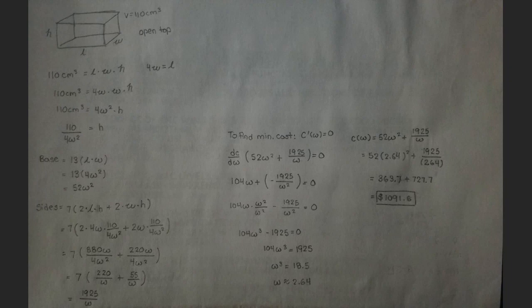Okay. So maybe you want to write your C function here, right? Before you take derivatives. Your C function. Oh, you wrote it here, right? Yeah, C prime of W equals 0.